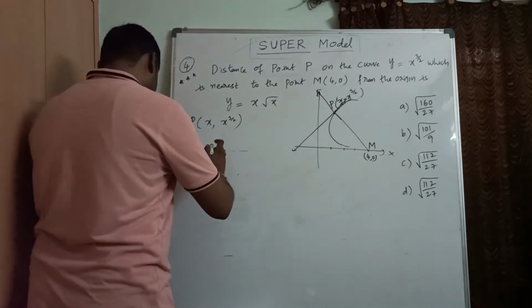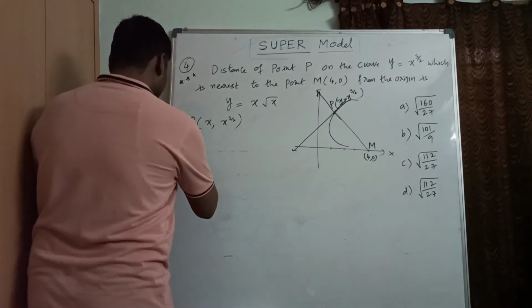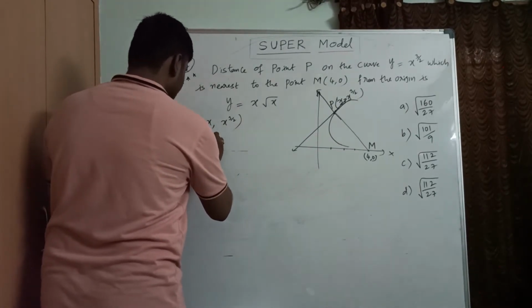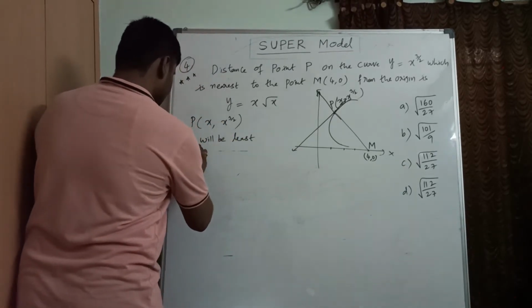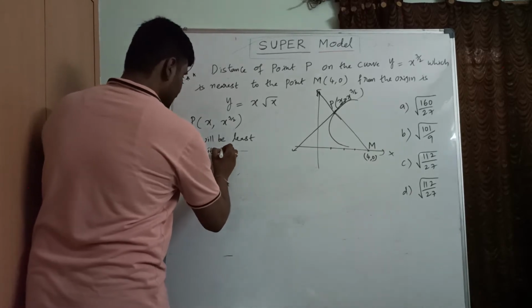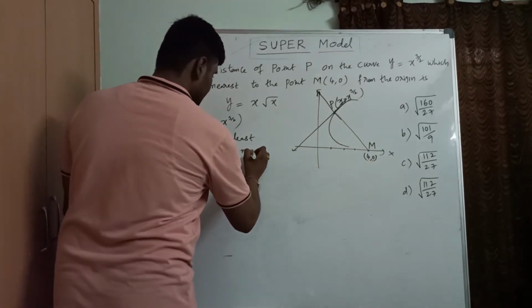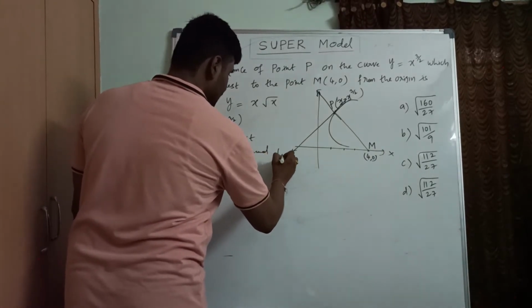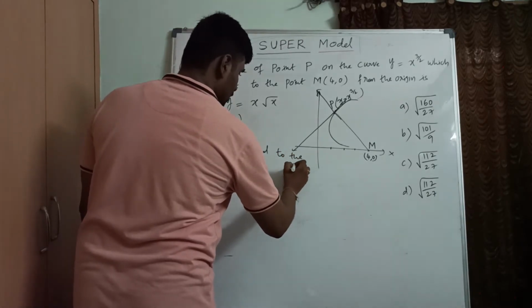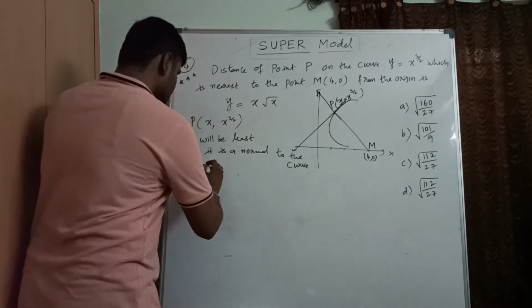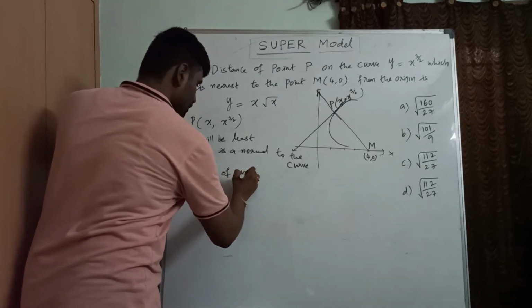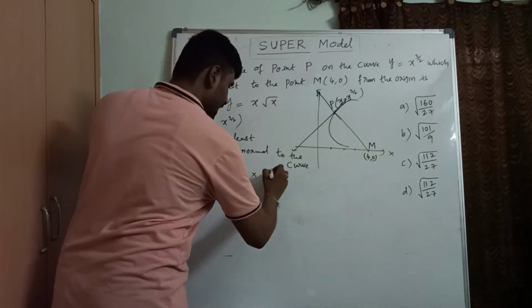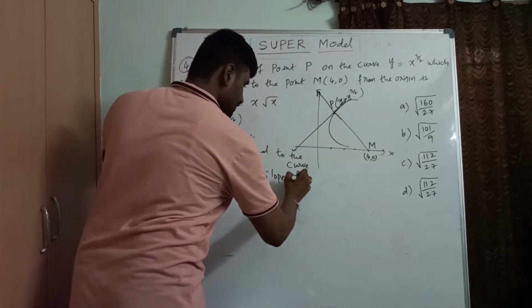Okay, so I am writing here for your convenience. PM will be least if it is a normal to the curve, that means slope of PM into slope of tangent equals minus 1, correct or not?